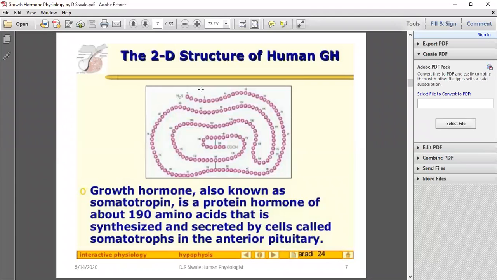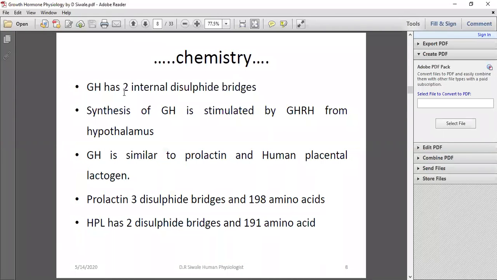Okay, so this is our growth hormone in two-dimension structure. As if that's not enough, there's also this important thing that we need to know: growth hormone has two internal disulfide bridges. The synthesis of growth hormone is stimulated by the growth hormone releasing hormone, which is produced by the hypothalamus.